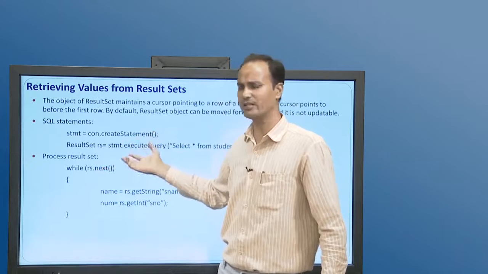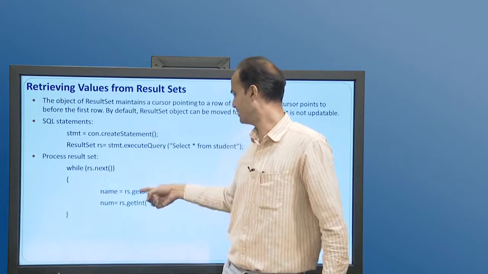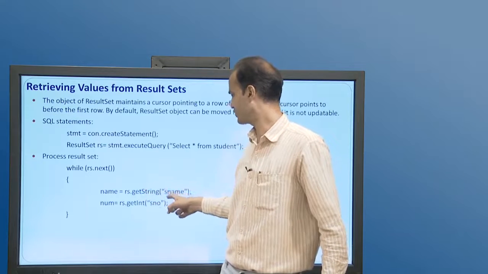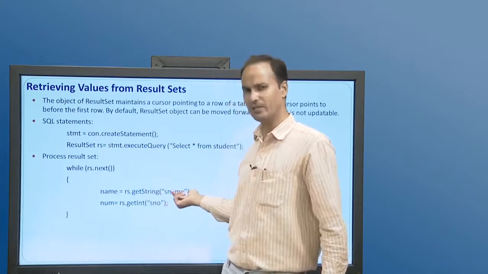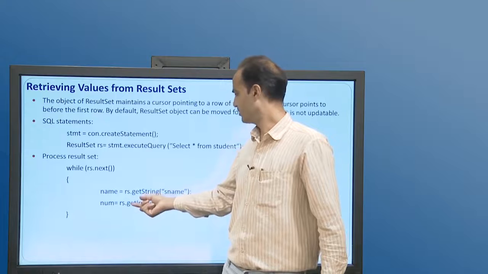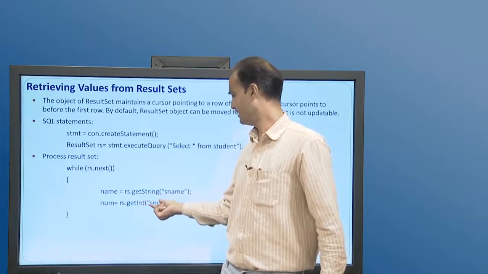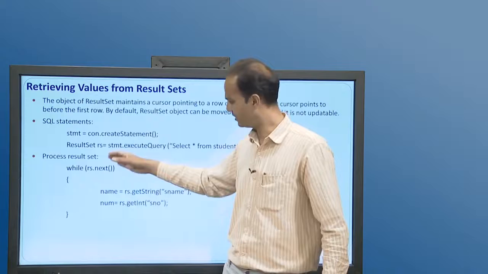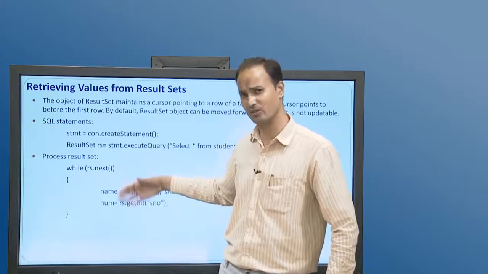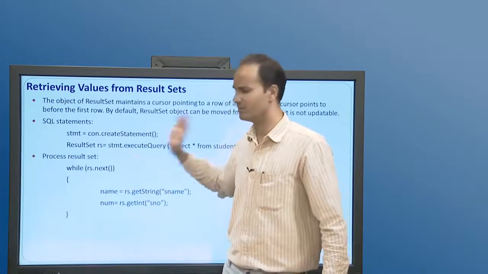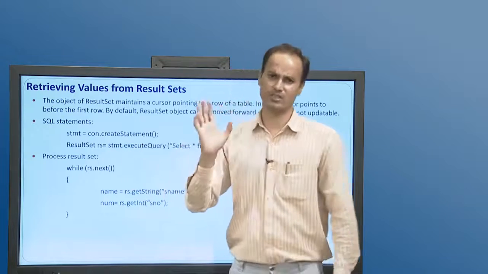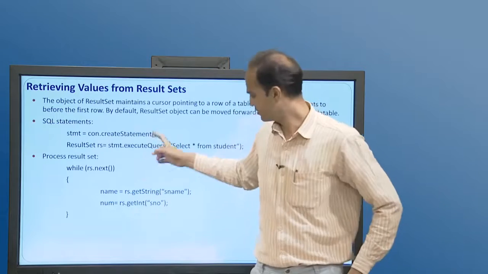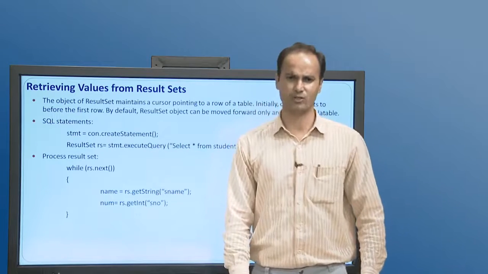If a record is there, we can get it using the result set method get string with the database field name. If another record is there, then result set dot get integer with the database field name. In the same way, if more than one record is there, you can traverse through this till the loop turns false, and it will display and manipulate the records from the result set.